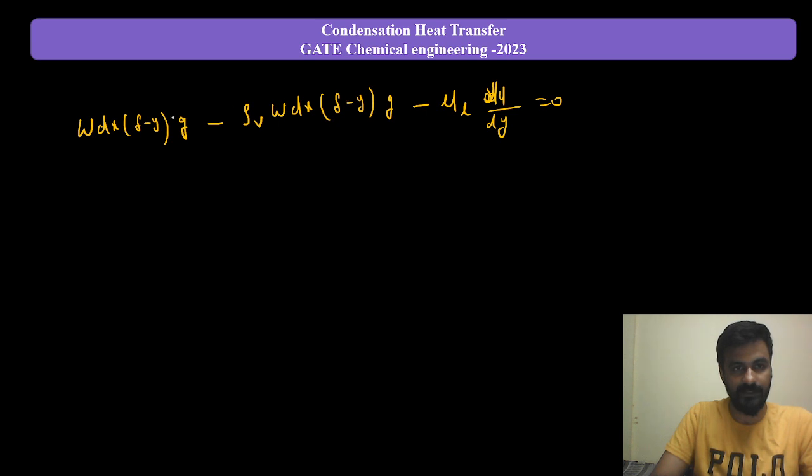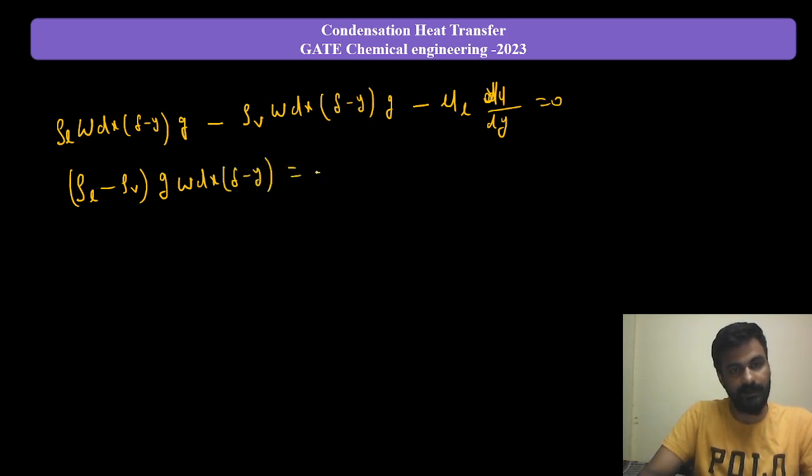If we take common, rho of liquid minus rho of vapor, g W dx (delta minus y) is equal to mu l du by dy.